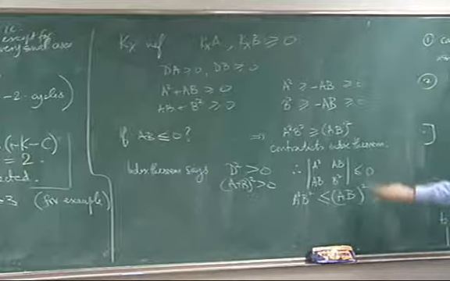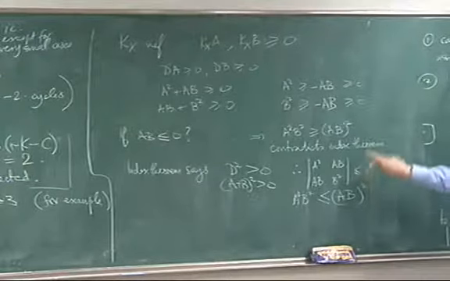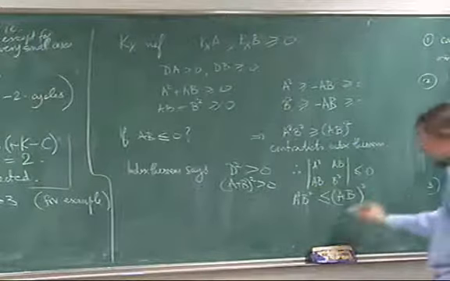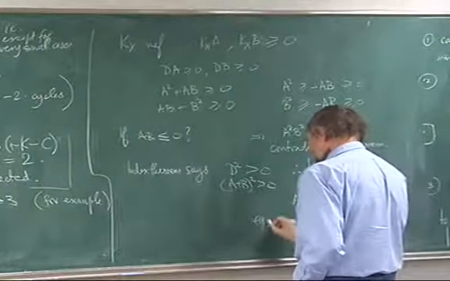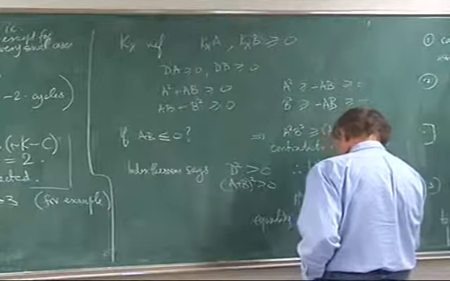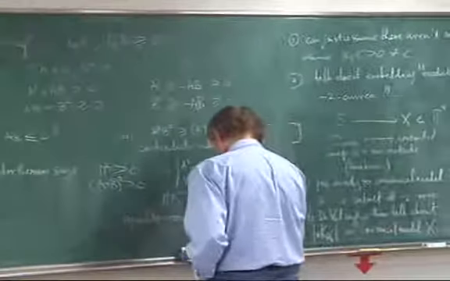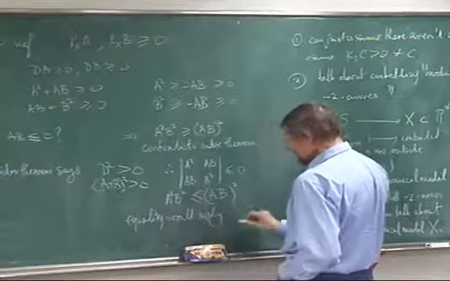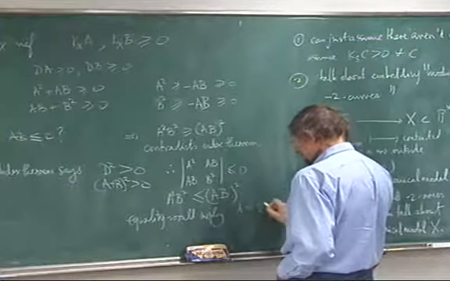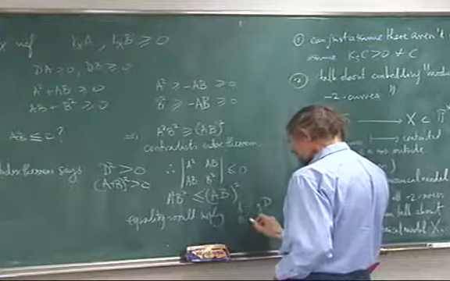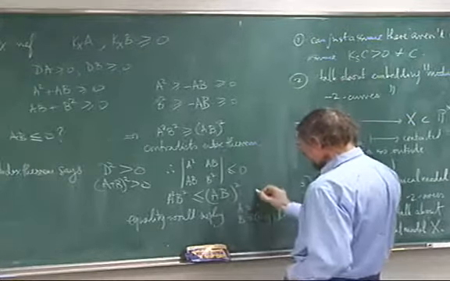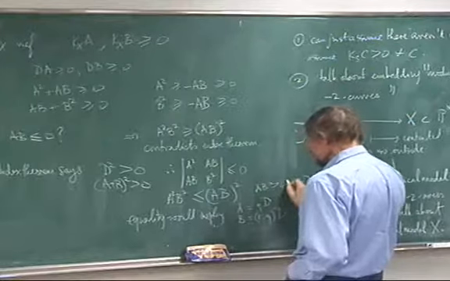Right, and if you put these two together, you get either a contradiction or you get actual equality. But equality would imply that A and B are really just multiples of one another. So A is q times D, and B is (r minus q) times D. And then again AB is positive.